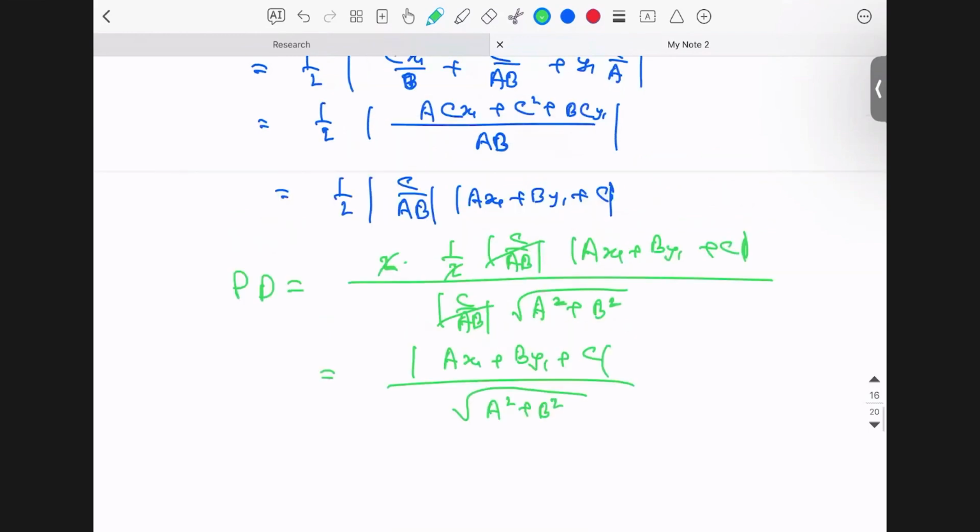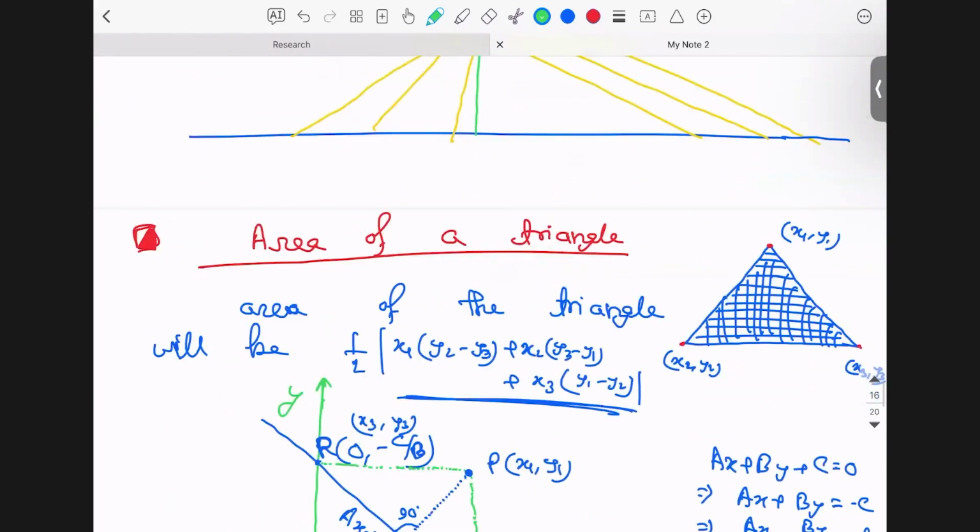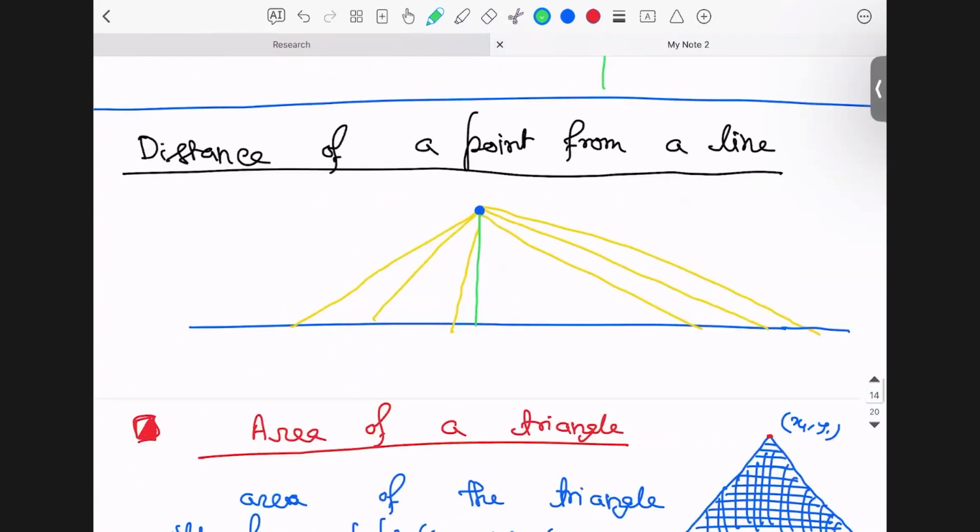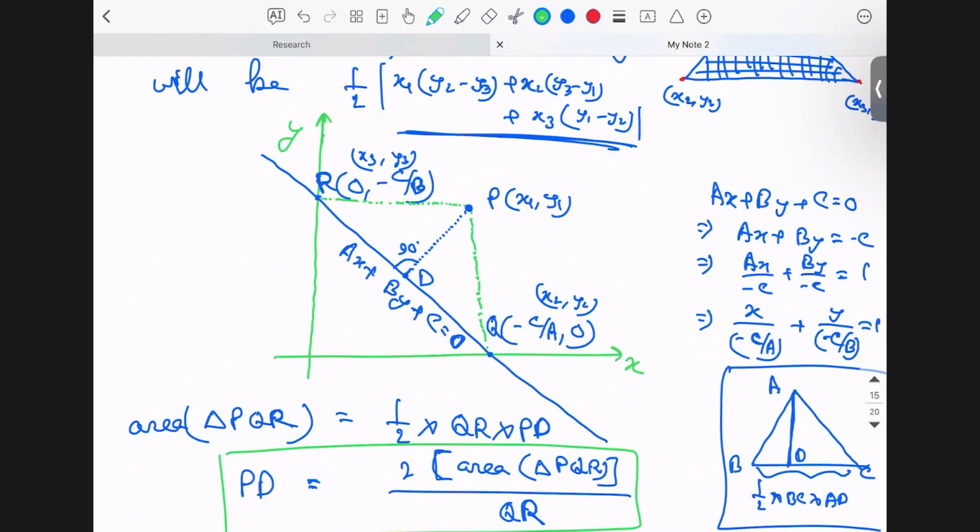So this is the shortest length of this point from the straight line. If you come to this here, you can clearly see that the coordinate of this point P was x1, y1, and the equation of the straight line was ax plus by plus c equal to 0. So the perpendicular distance from this P to the straight line will be: just put the coordinates of this point P in the equation of the straight line, take the modulus, and divide it by root over a square plus b square.